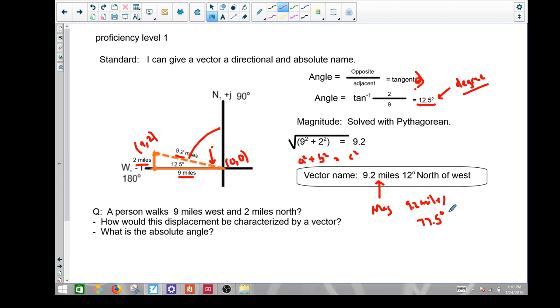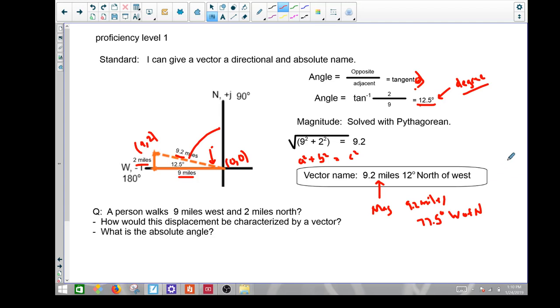That's west of the north mark. Okay. And that is the basic way in which this works. Okay. Adding two vectors together, forming a vector name.